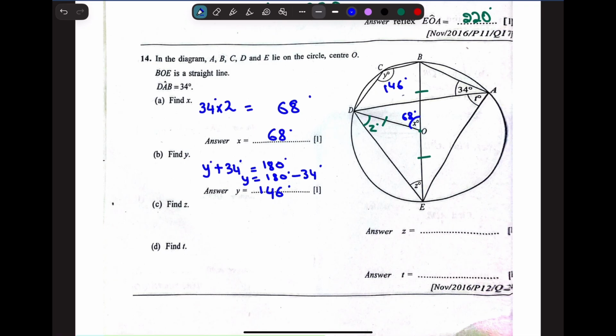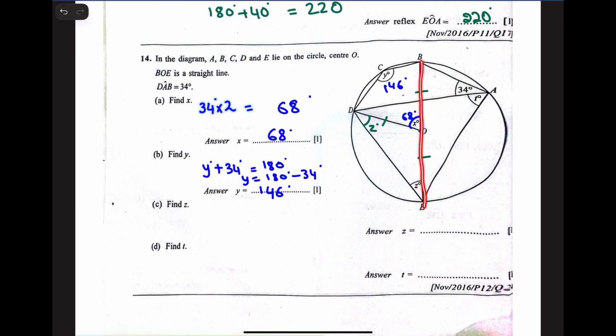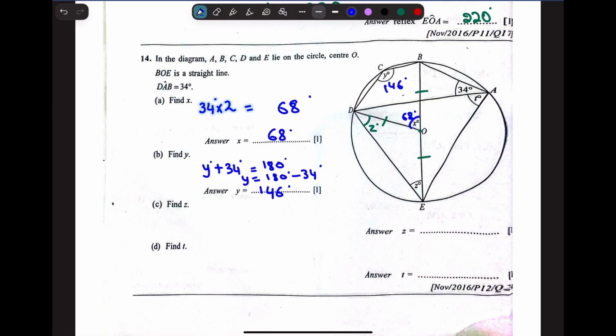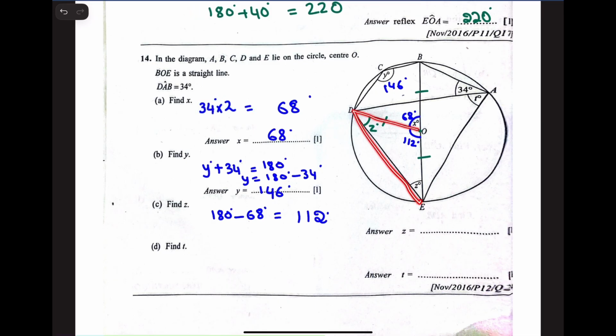Okay, find z. Because this is 68 and we know that BOE is a straight line, we can figure out what this angle is. Angles on a straight line add up to 180, so 180 minus 68 gives us 112. If this is 112, focus on triangle ODE.